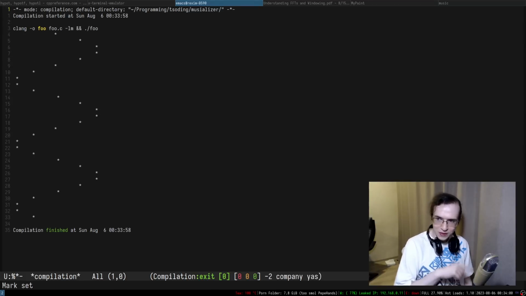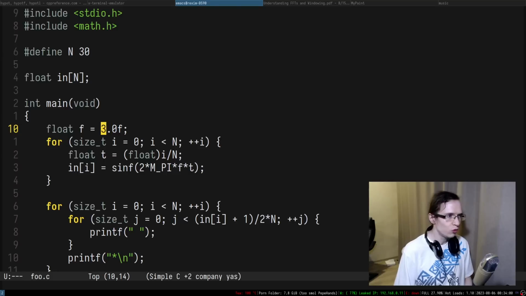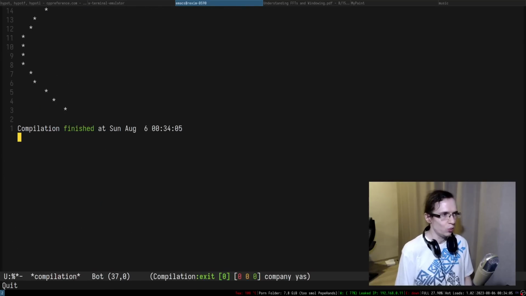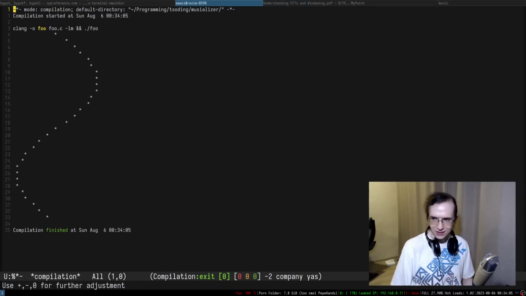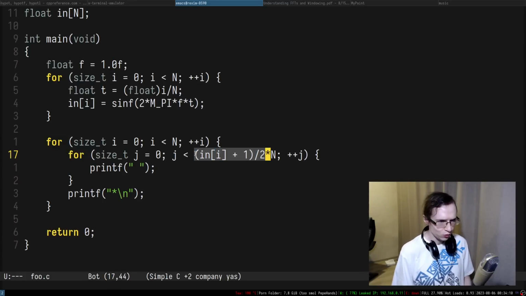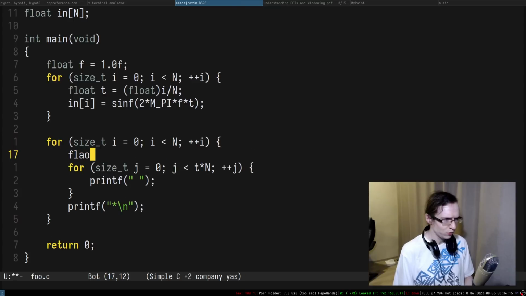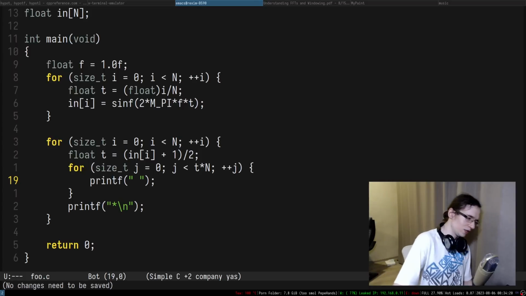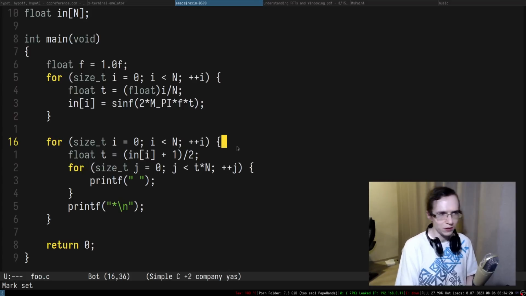Right, so there will be 3 periods in here, but let's actually focus on a frequency of 1. So it's 1 period within a single window. Maybe it makes sense to extract that to a separate variable, so it's a little bit more readable, you know, the subjective category, like readability.